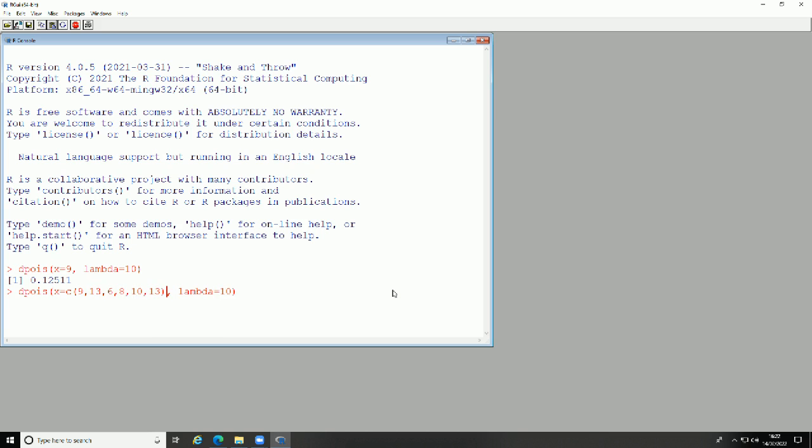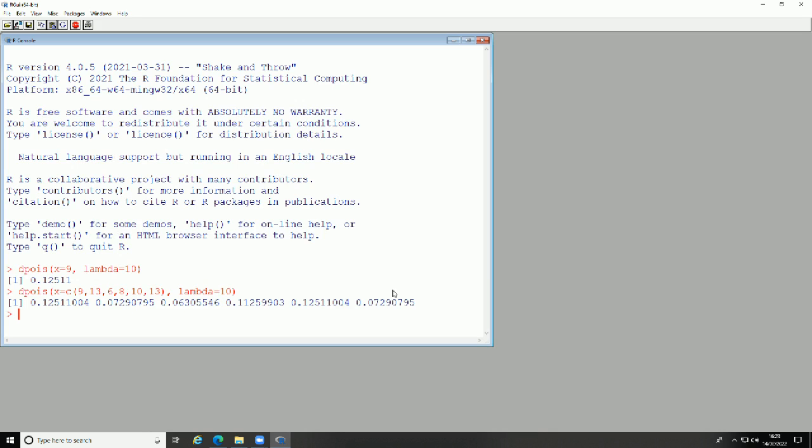So this will return a set of Poisson probabilities with lambda equal to 10, evaluated at x values 9, 13, 6, 8, 10, and 13. So these are the probabilities: probability x equal to 9, this one, probability x equal to 13, probability x equal to 6, 8, 10, 13.